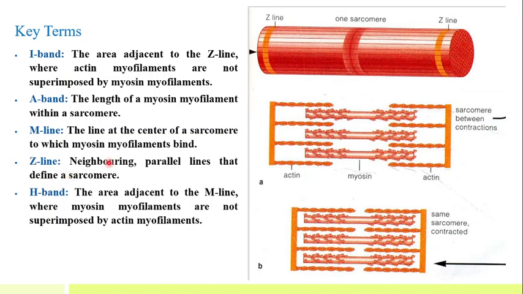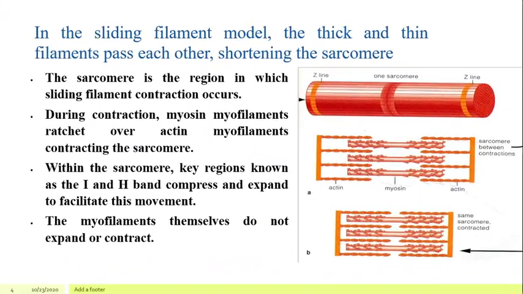Z lines, neighboring parallel lines that define a sarcomere. Sarcomere is the structure in between the two Z lines. H band, the area adjacent to the M line where myosin filaments are not superimposed by actin myofilaments. The diagram we will see in the next slide.